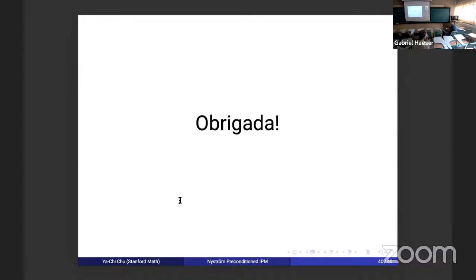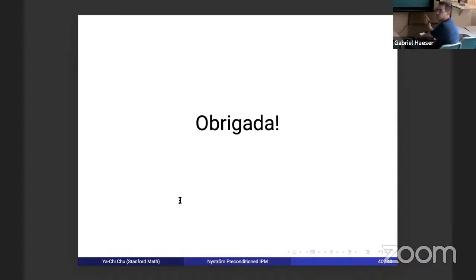Yeah. I can say that Madeline had this idea of using randomized preconditioning on IPM or something, and I came up with this method of Jacek.